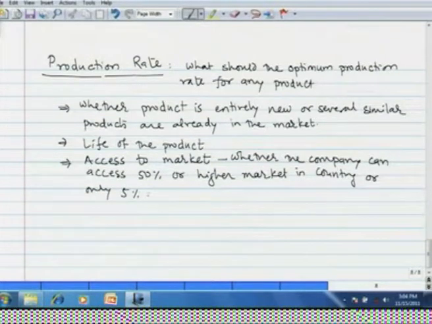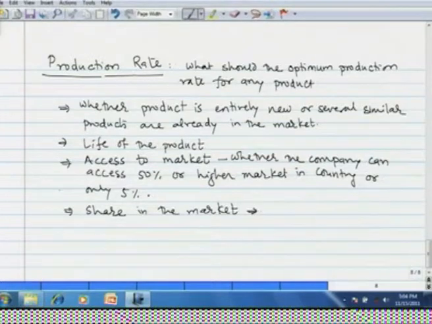Then another factor is the share in this market. Let us say for a particular product, the total demand is 100,000 tons per annum, but what share of this market my company is going to access.